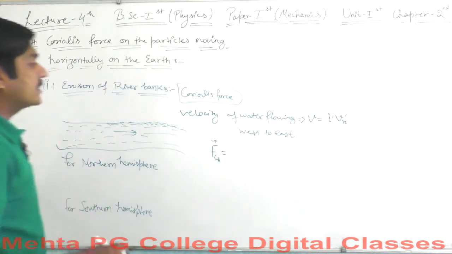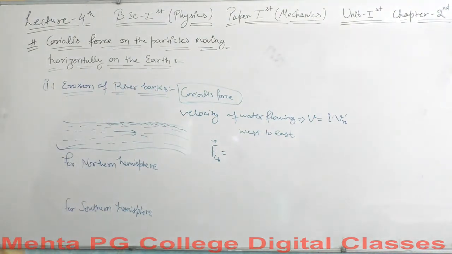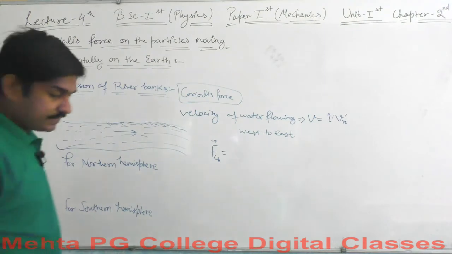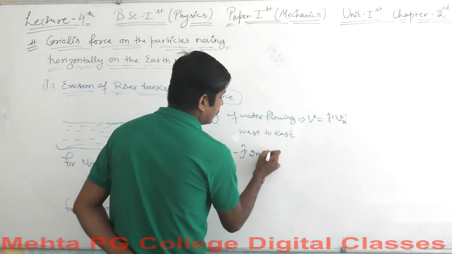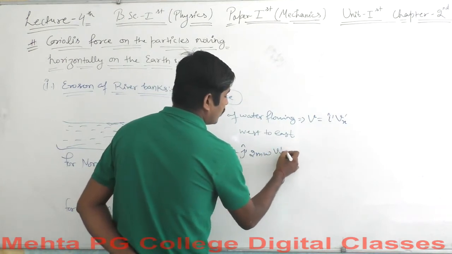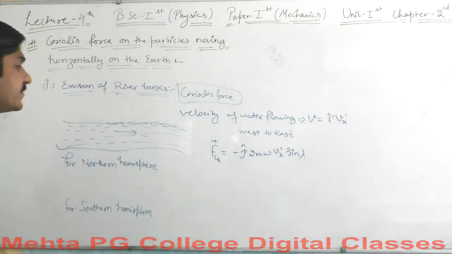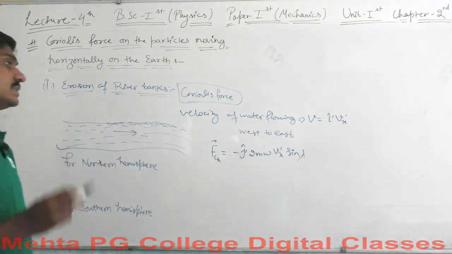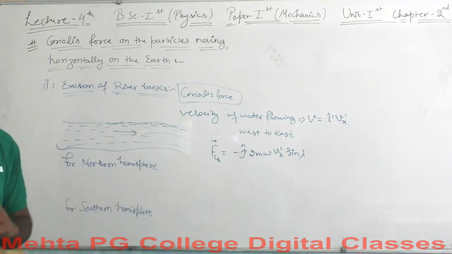The horizontal component which will act is minus j-cap 2m omega Vx' sine of lambda. This is FCH, the horizontal component of force in the northern hemisphere, for the direction west to east. So this is FCH, the horizontal component of Coriolis force.